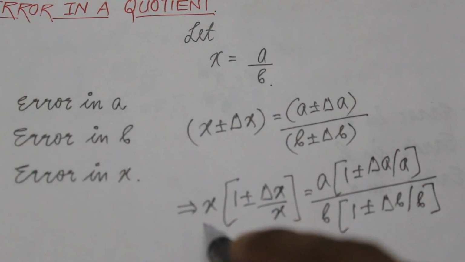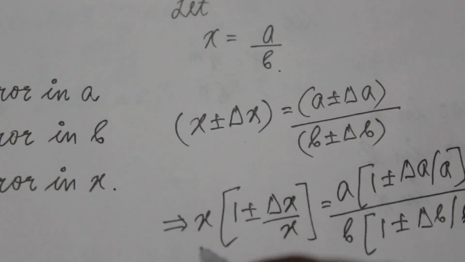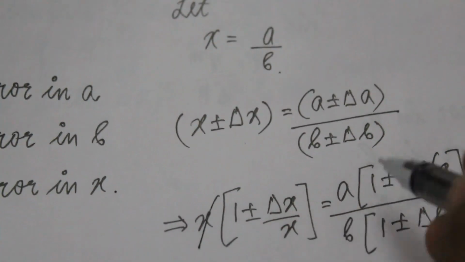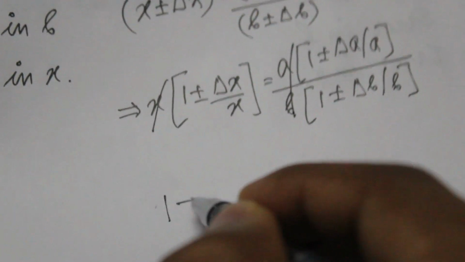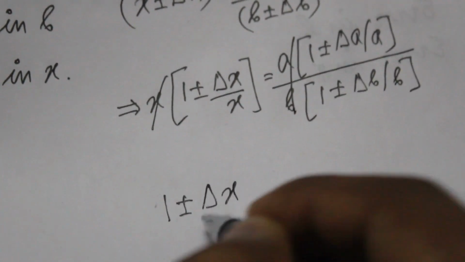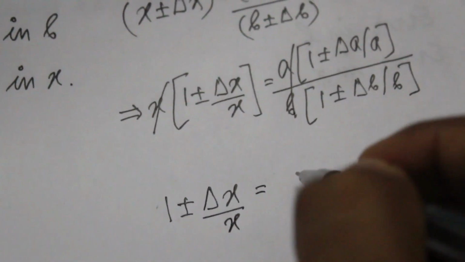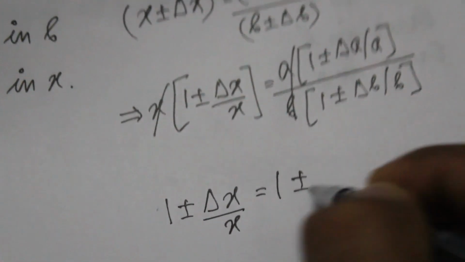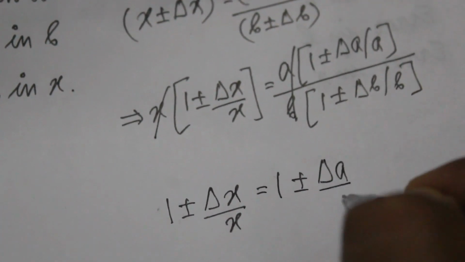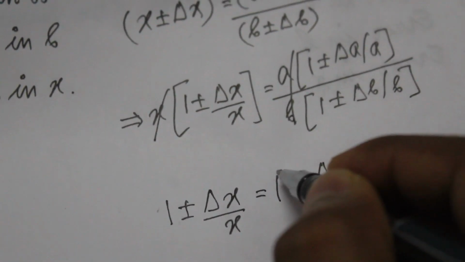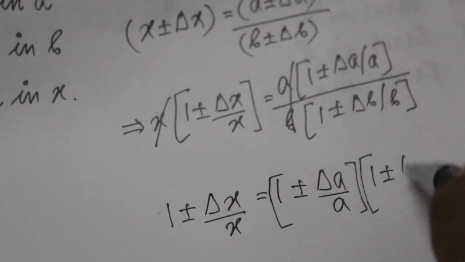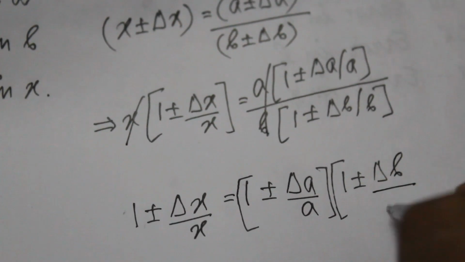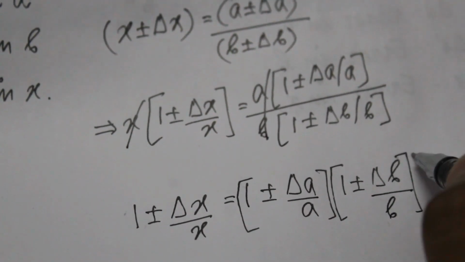As we know, x is equal to a by b, so I cancel this out. Finally we get 1 plus minus delta x upon x is equal to 1 plus minus delta a upon a into 1 plus minus delta b upon b to the power minus 1.